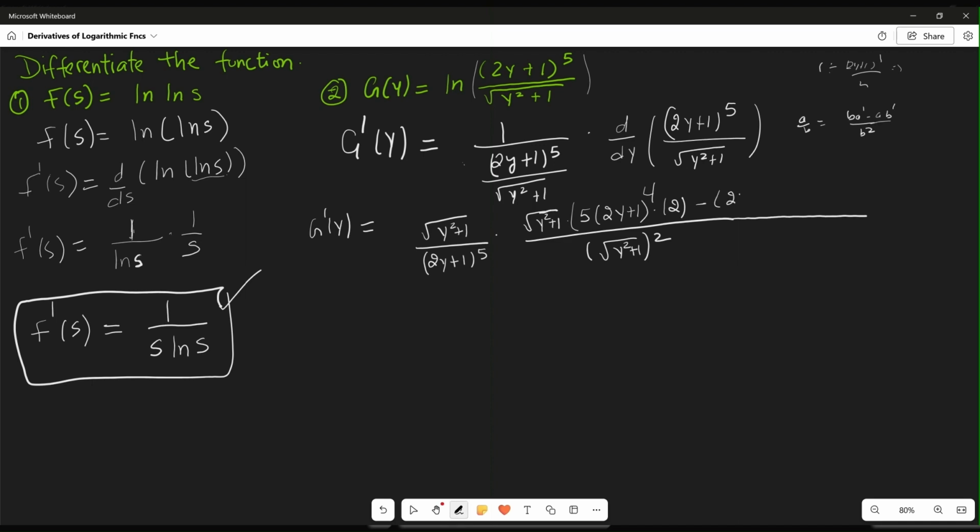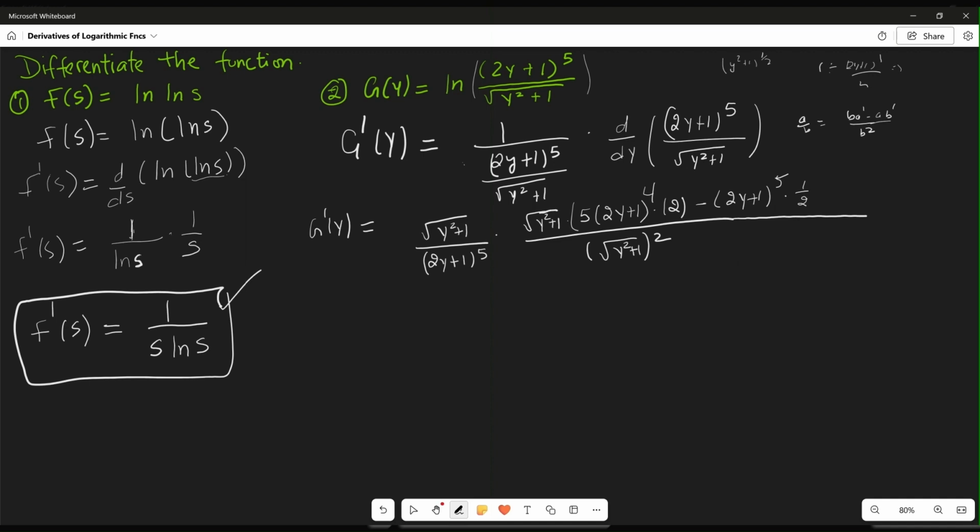So 2y plus 1 raised to power 5 times derivative of y square plus 1, which is power rule. Power comes down, so you can write this as 1 over 2, right?